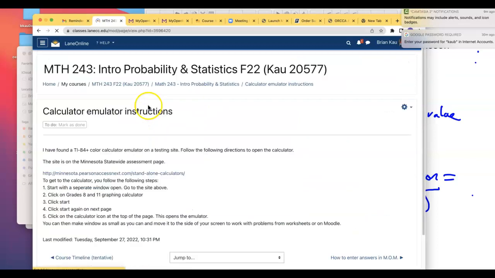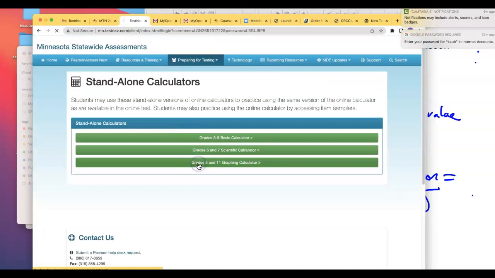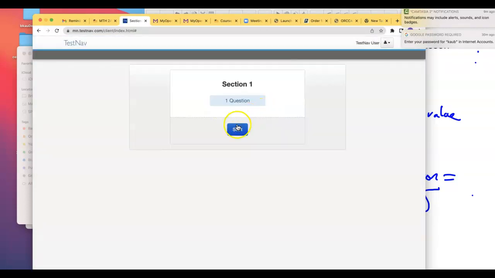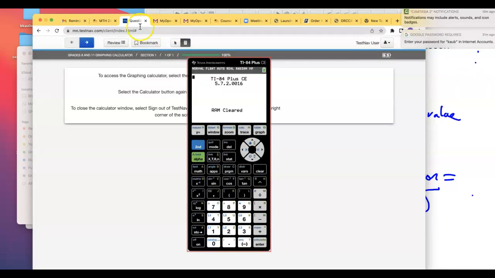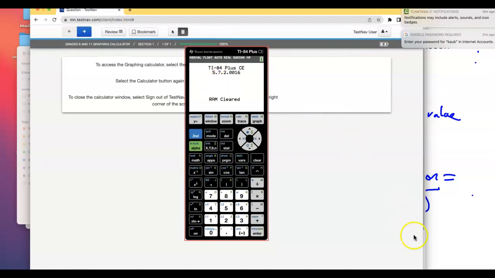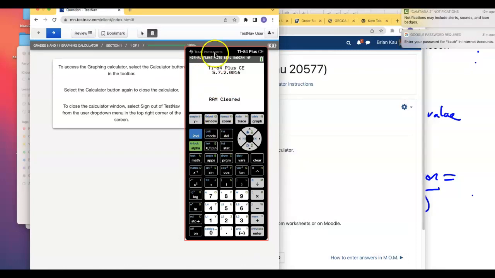Calculator instructions, here's the link. Click on 8 to 11, wait for it to load, click start twice, and then wait for it to load up here. Open that up, drag this off so it's not a window that's already there. We can have a separate window that way. Move this to the side.